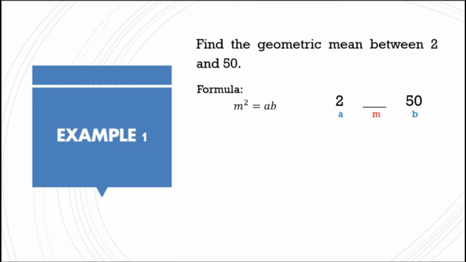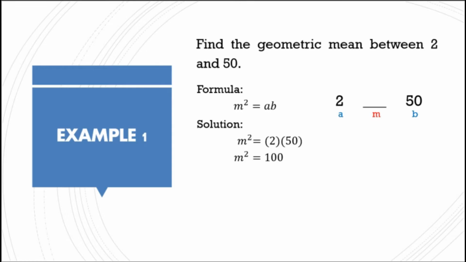Now, we proceed to the substitution of the given. We now have m squared equals 2, the value of a, multiplied by 50, the value of b. Then 2 multiplied by 50 is equal to 100.